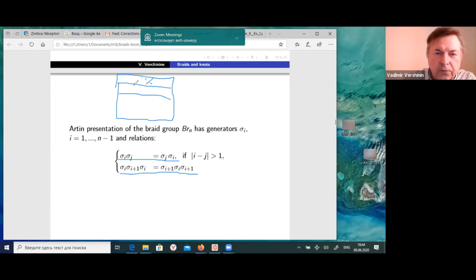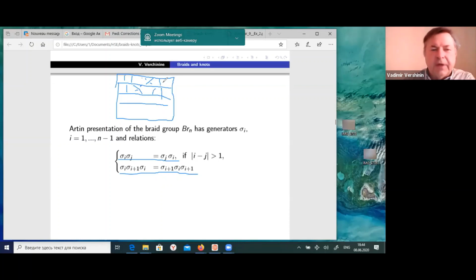So you can move it in such a way that at each level there is only one crossing. All other strands are just like here, right? And if you now read this word, for example, from here to here, you see that at each level you have only one crossing.